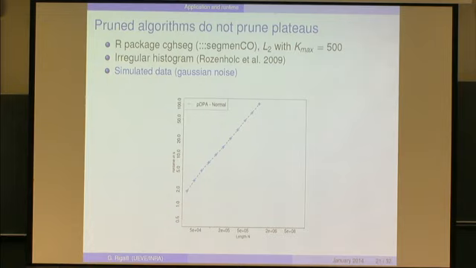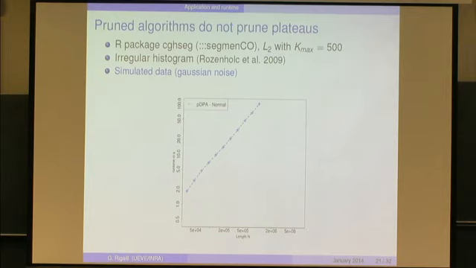But essentially, I'm using this time the CGH-seg package, so using the L2 loss, and I'm using an irregular histogram model. So the first thing I did is I simulated some Gaussian data, so Gaussian noise. So typically in this data, you have no plateaus. Each value is different from the previous one.